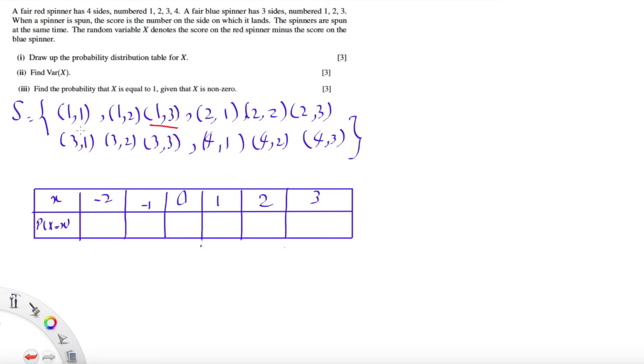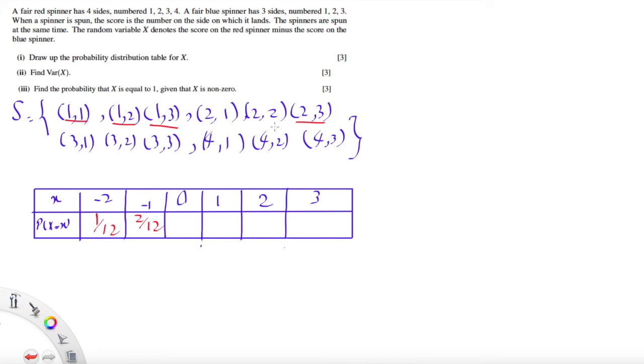Or you can say that there are 12 cases, and just one case gives you the difference of first one minus the second one, negative 2. So it is 1 over 12. For negative 1, we have this one, so 2 over 12. For a difference of 0, first one minus second one is 0.